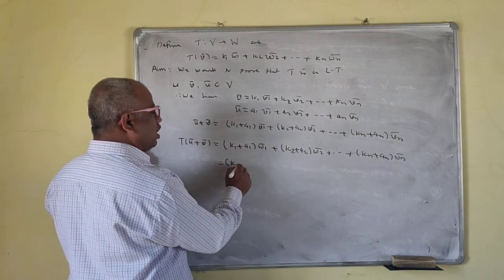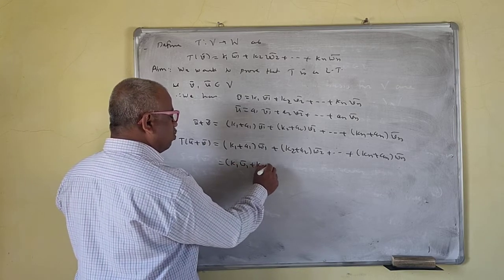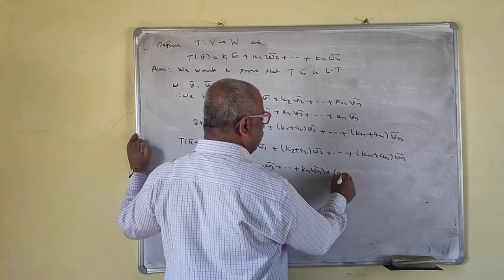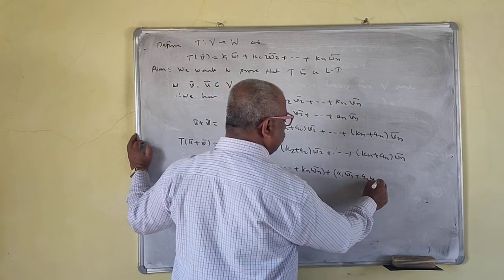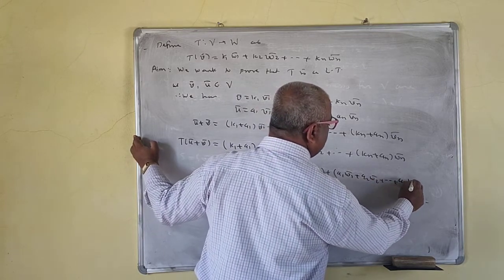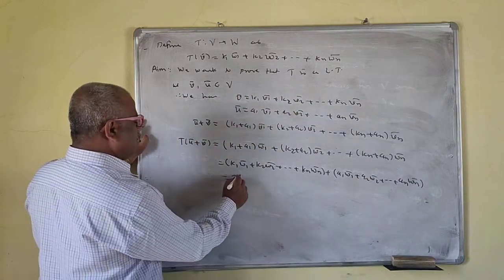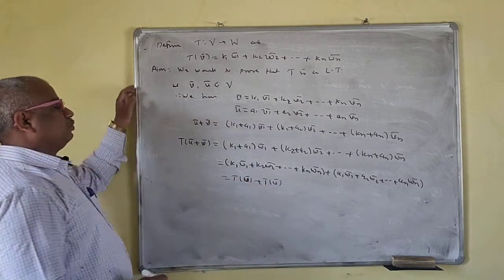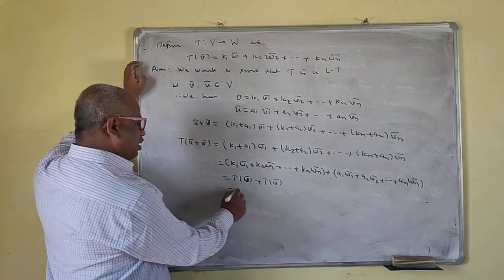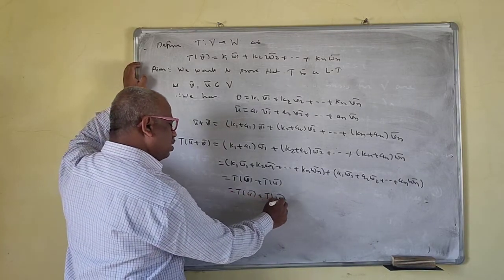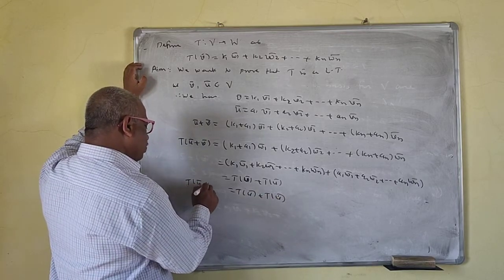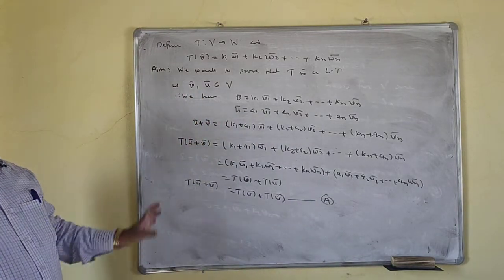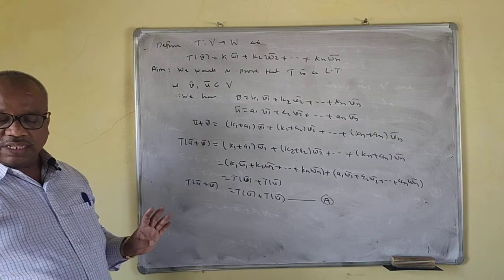I can write this as K1 W1 bar plus K2 W2 bar plus ... Kn Wn bar, plus A1 W1 bar plus A2 W2 bar plus ... An Wn bar. This is the same as T of V bar plus T of U bar. So T of U bar plus V bar equals T of U bar plus T of V bar. We call this A. So the first criterion holds for the linear transformation.